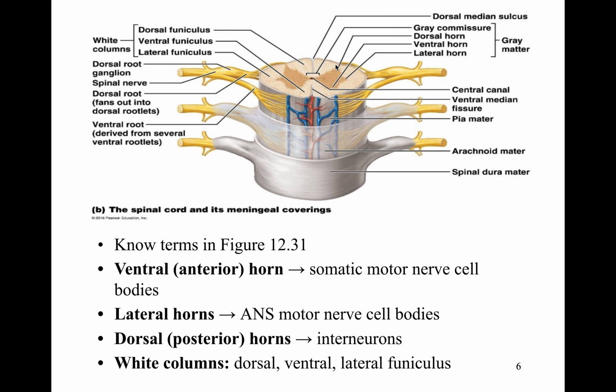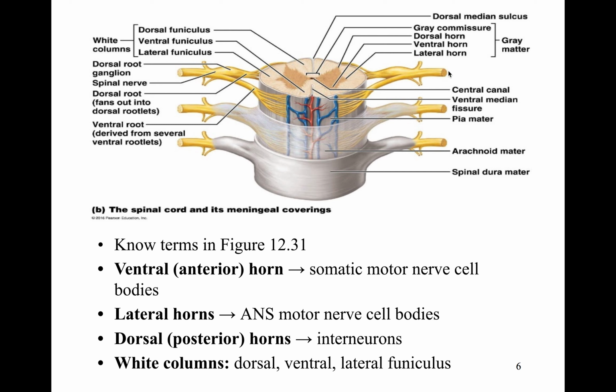The dorsal horn of gray matter is going to predominantly contain interneurons. These interneurons are going to synapse with those sensory or afferent neurons that are coming into the spinal cord via the dorsal root of the spinal nerve.